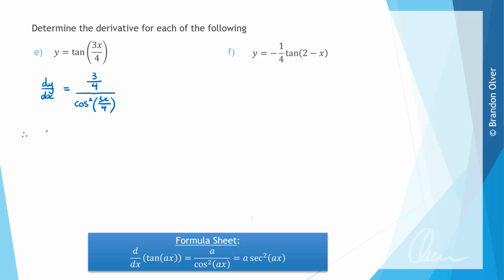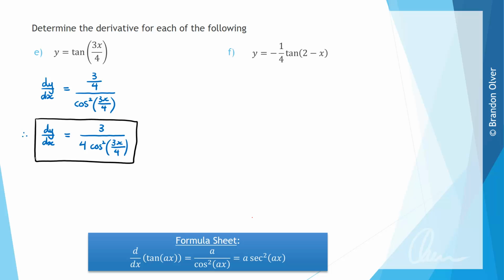So therefore the derivative dy dx could be written as, if we have 3 over 4 on the top line, that's the same as writing this as 3 divided by 4 times cos squared of 3x over 4. So that is one way we can express the derivative for part E.